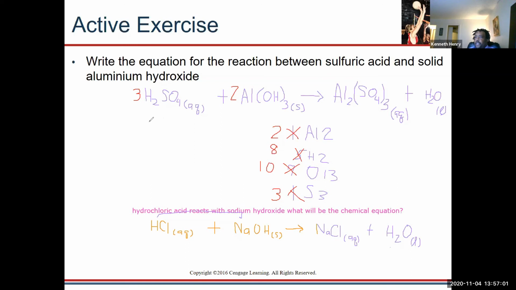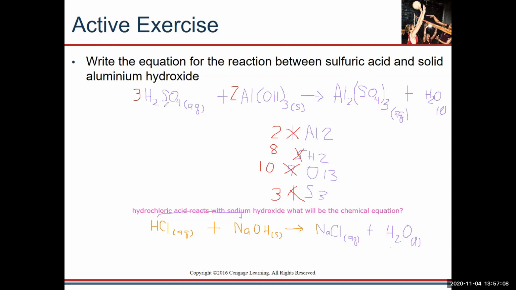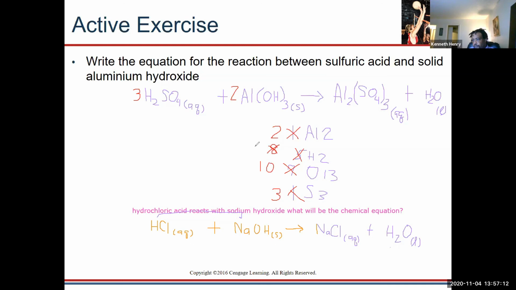Now how many hydrogens do I have? 3 times 2 is 6, and then another 6, so 12. You're right, 12. And oxygens? There is 12 and another 6, which is 18.